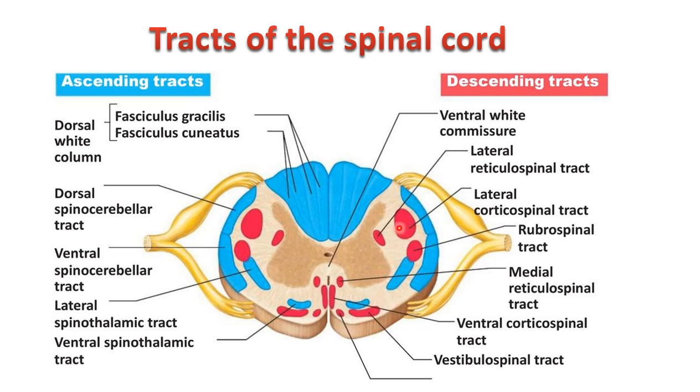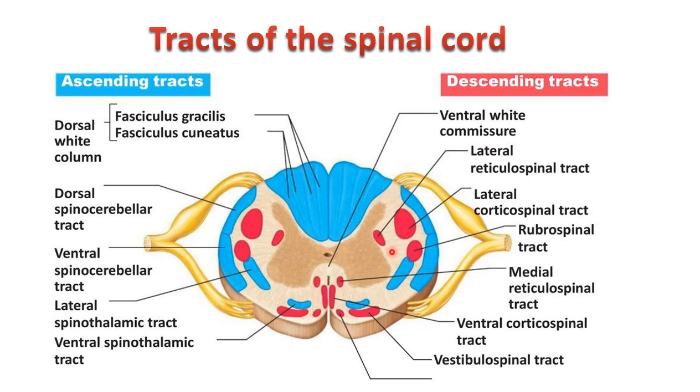Up to the lower part of the medulla they are the corticospinal tract, and in the lower part of the medulla they decussate, giving crossed fibers for the lateral corticospinal tract and uncrossed fibers for the ventral corticospinal tract. These are mainly concerned with muscle movements. Total paralysis of the muscle occurs if this tract is damaged or cut.